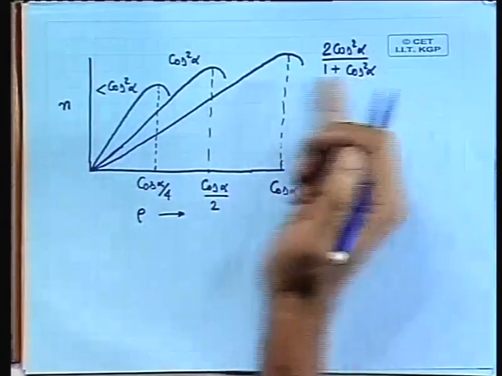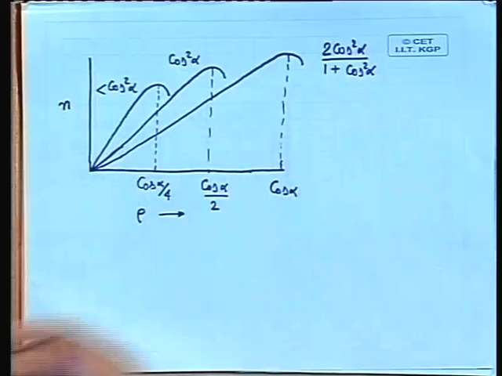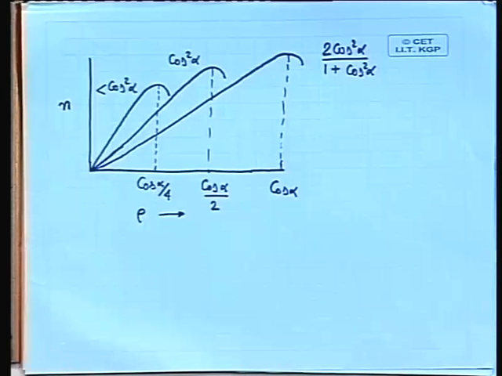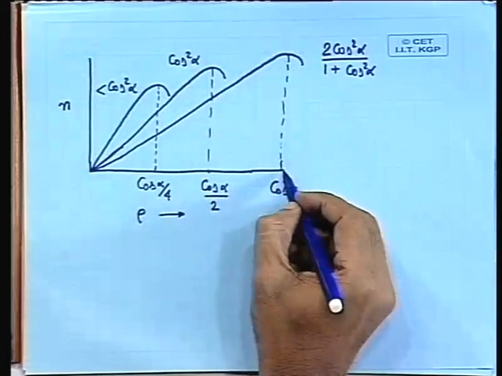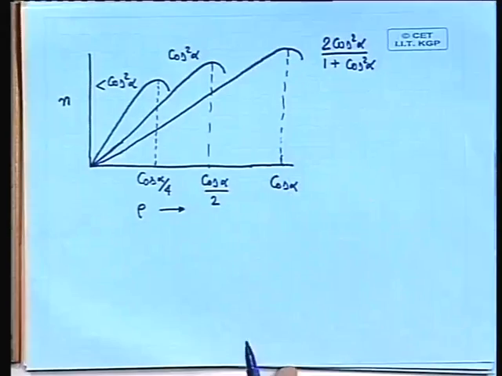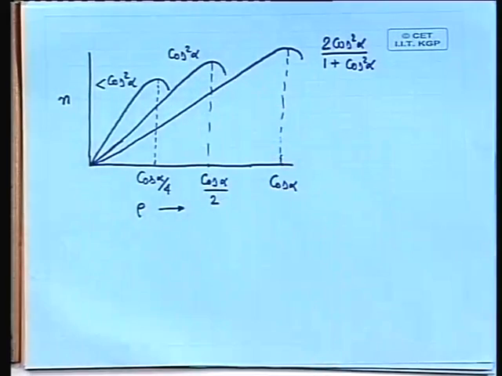So, obviously, this will be higher compared to the previous values because cos alpha has a value less than 1. So, this is the efficiency curve for different arrangements of steam turbine.